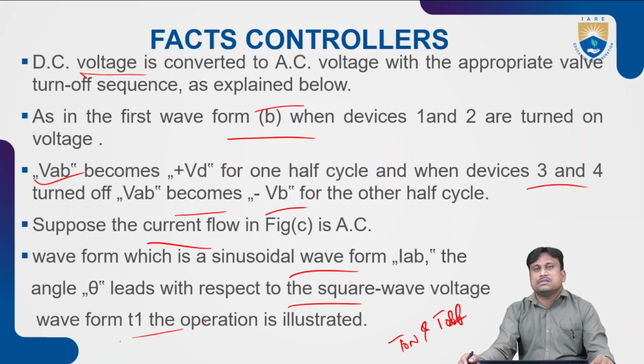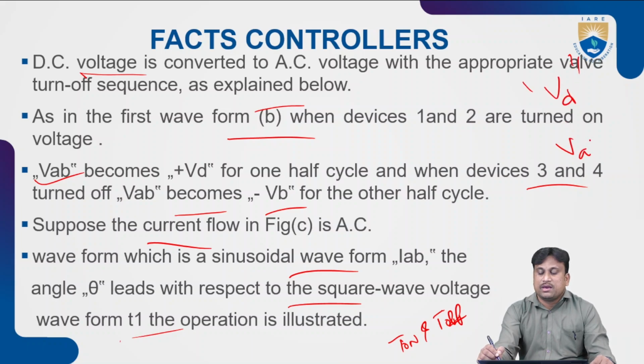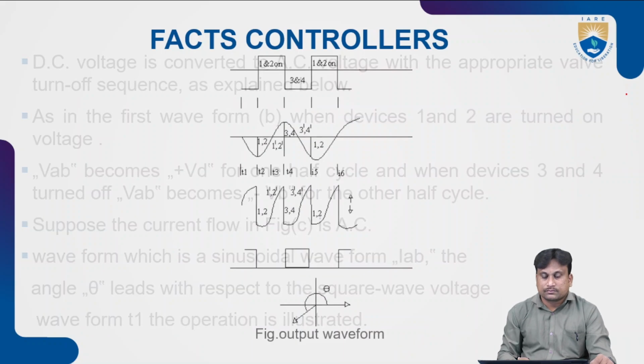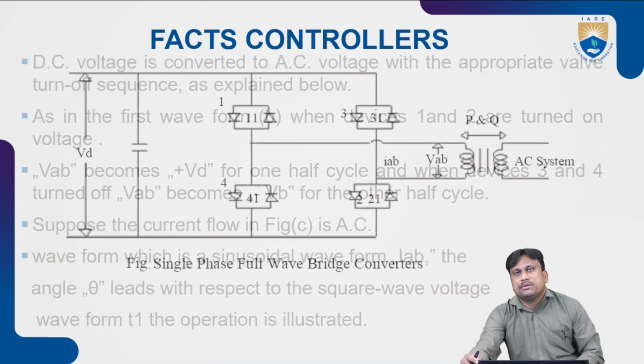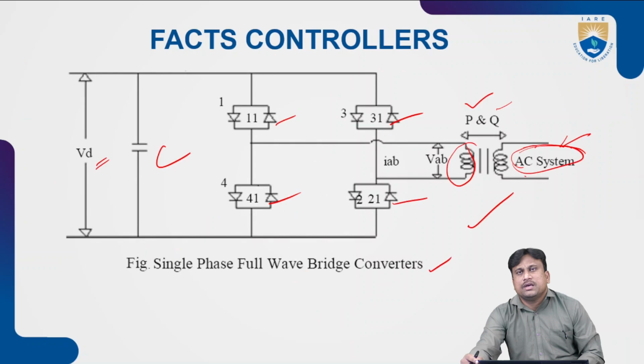The operation is executed under these conditions with DC voltage VD and output voltage VAB, and according to the number of cycles this sequence will follow. This is the output waveform for the main circuit considered here.